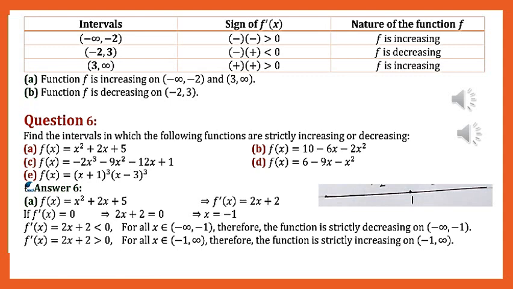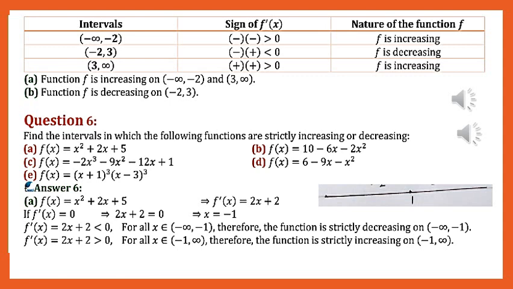With x equal to negative 3, x minus 3 is negative 6, sign negative. x plus 2 is negative 3 plus 2, negative 1, sign again negative. And the first number, 6, is always positive. So negative into negative together is positive. So we say f is increasing.